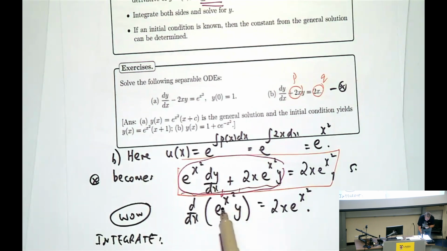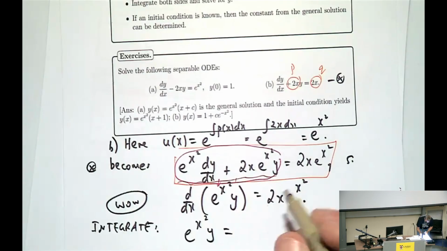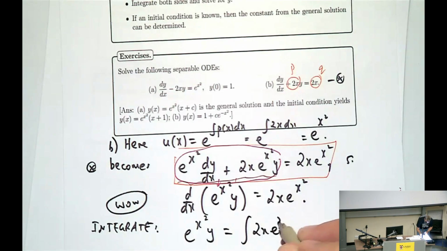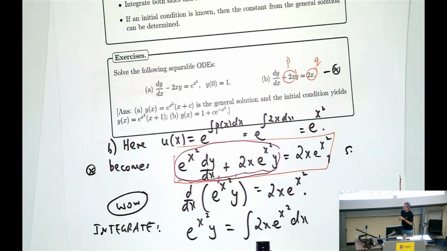So you integrate both sides, the d dx will disappear. What is the integral on the right-hand side? What does it simplify to? Who can tell me? Yes. e to the x squared.